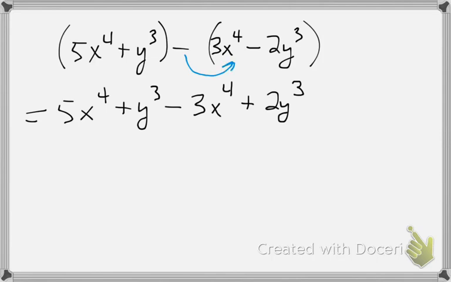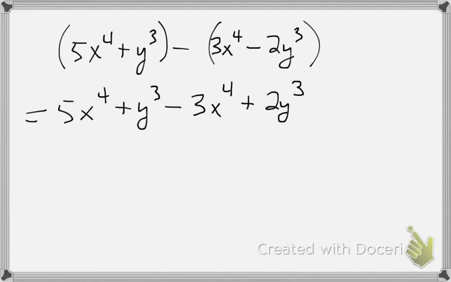If I distribute what amounts to negative 1 through that second set of parentheses, I wind up with 5x to the fourth plus y cubed, then minus 3x to the fourth plus 2y cubed. Are you guys on board with that? Is that okay? And now what?